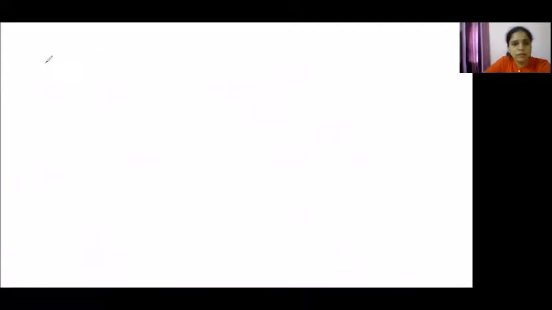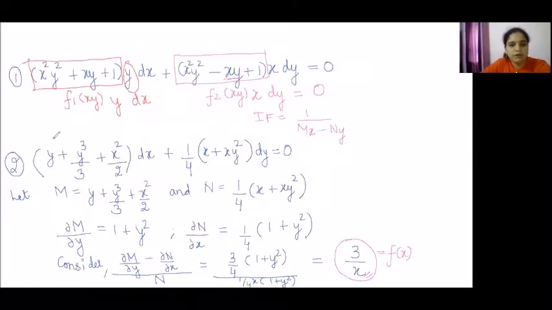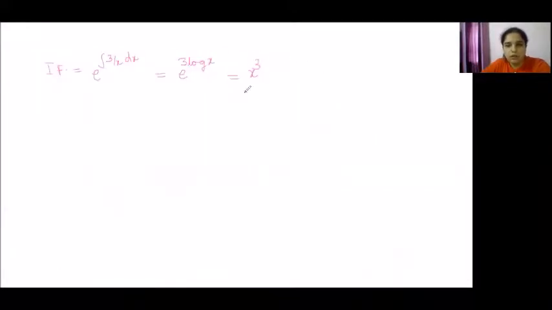So the integrating factor will be e raised to power integral of 3 by x dx, which will be e raised to 3 log x, which will be x cube. So for this second example, we have used the third rule for finding the integrating factor. Now multiply the equation with this integrating factor, it will become exact, and then solve it.